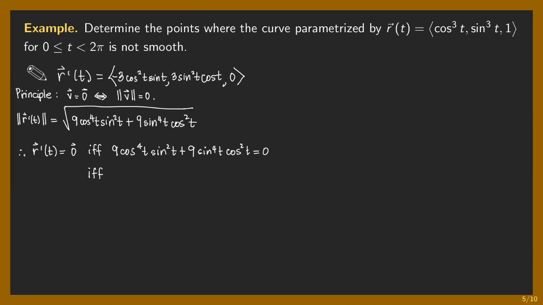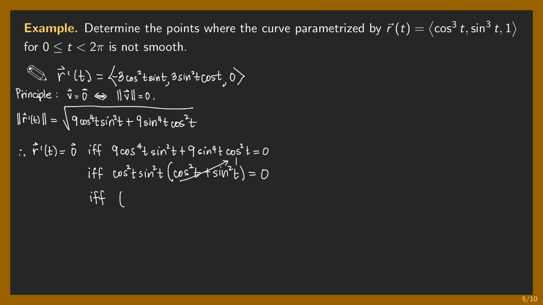As you can see, we can divide both sides by 9, and then we can factor cosine squared sine squared, but what we are left with here is cosine squared t plus sine squared t equals 0. Oh, this is 1, right?